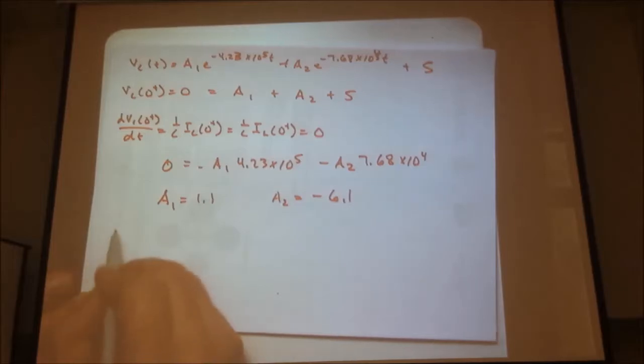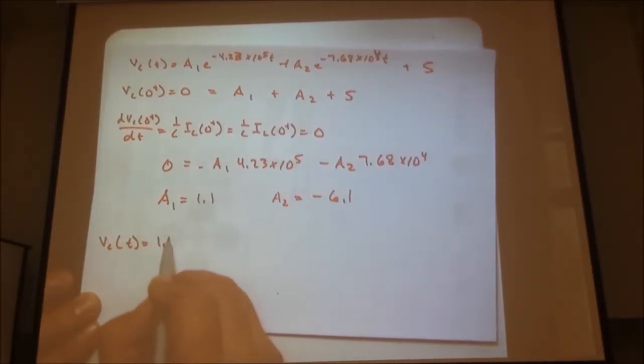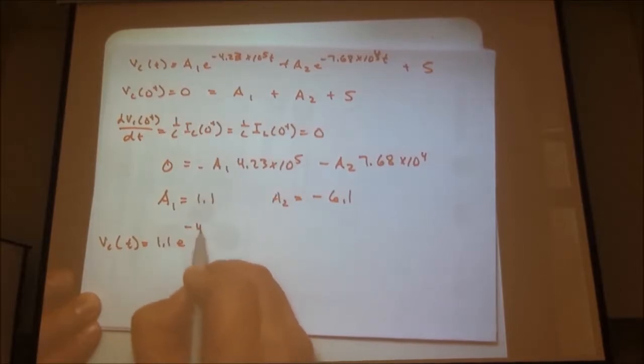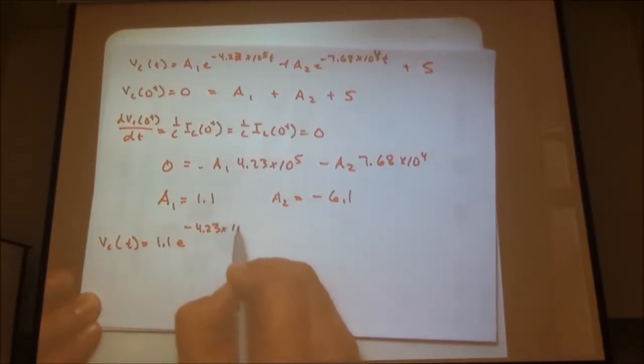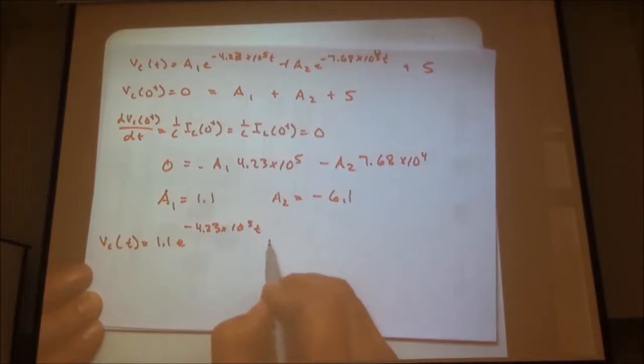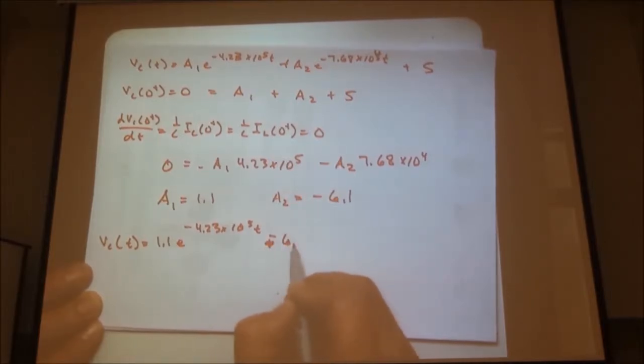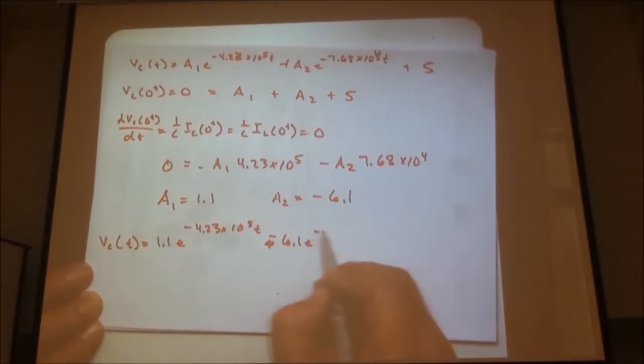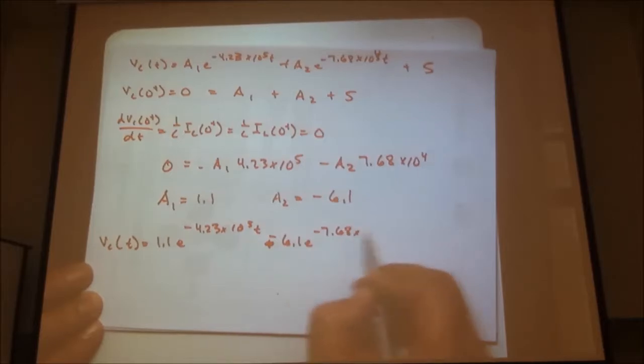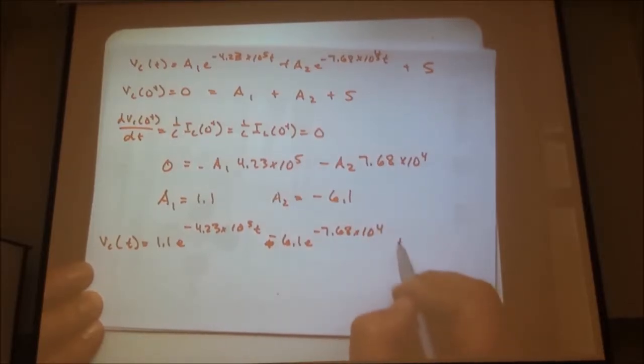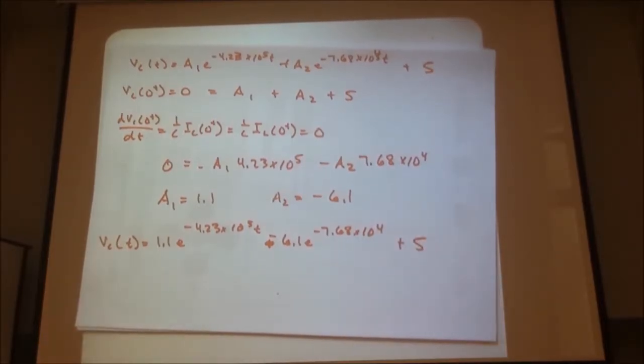And if we plug that in up above, we have a solved problem. 1.1 e to the minus 4.23 times 10 to the 5t, minus 6.1 e to the minus 7.68 times 10 to the 4t plus 5. And there's our voltage as a function of time.